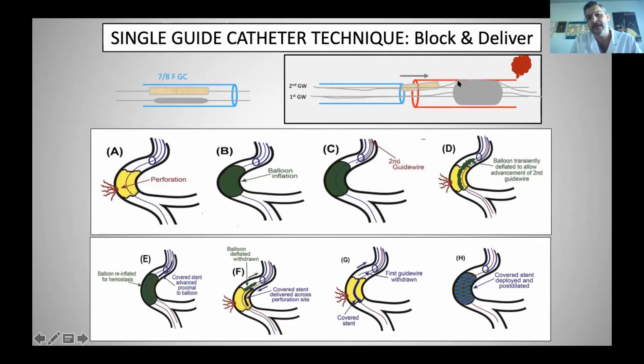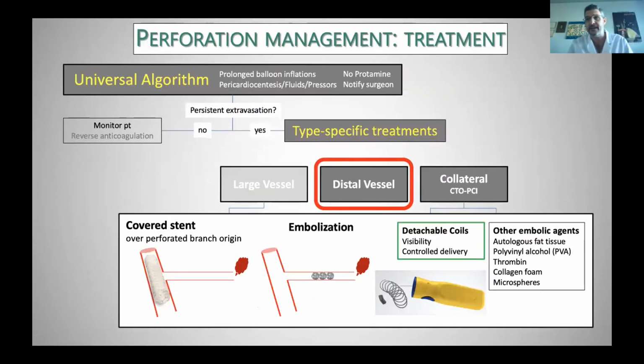And finally, the technique is the same. Once you are very close to the perforation site with the covered stent, you can deflate the balloon, remove the balloon and the first wire, and then inflate the stent. So this is also the single guide catheter technique, but I think that it's simpler to use the dual catheter technique once you have to deal with a main vessel perforation and once you have to advance a covered stent.